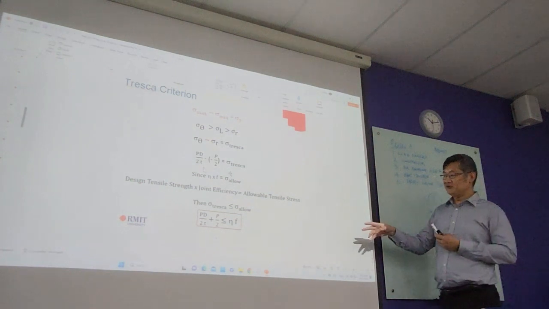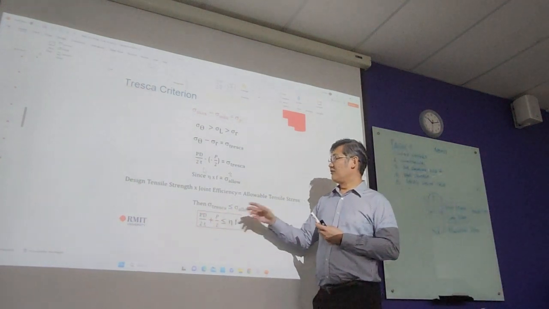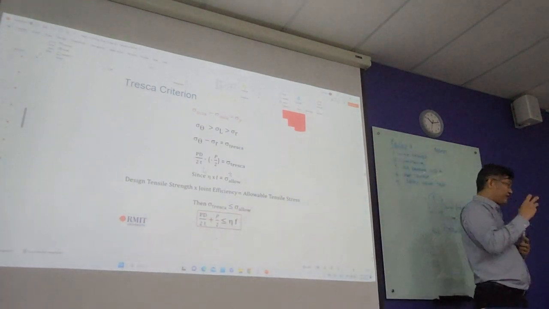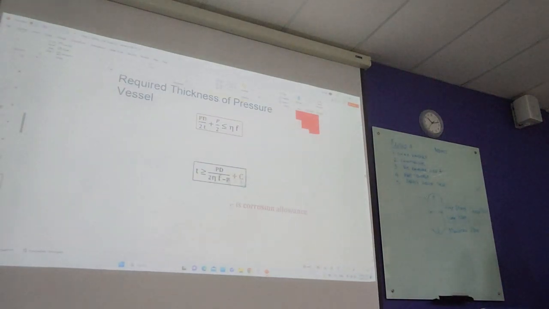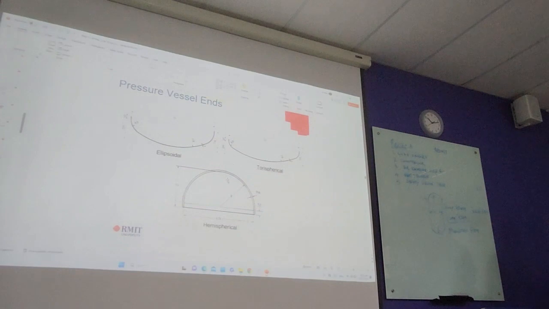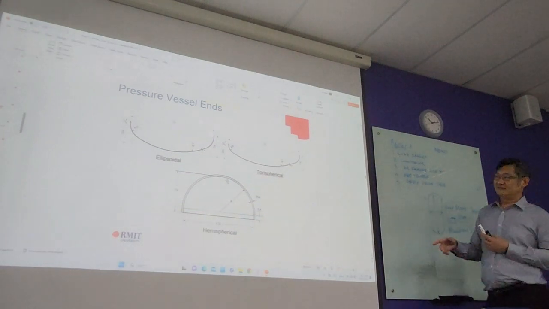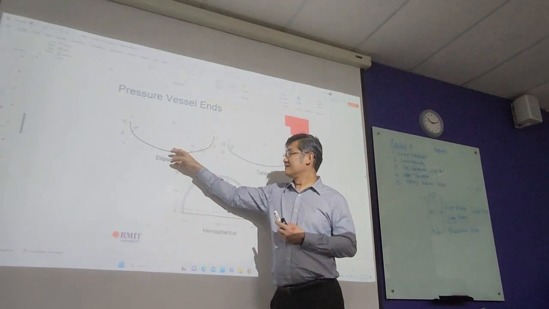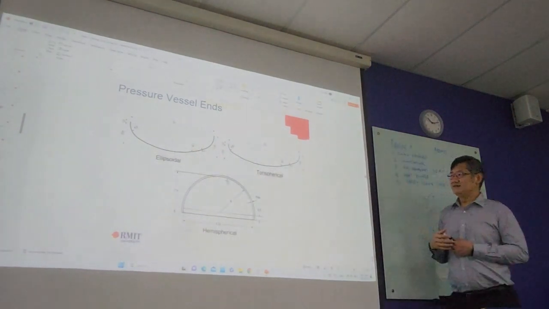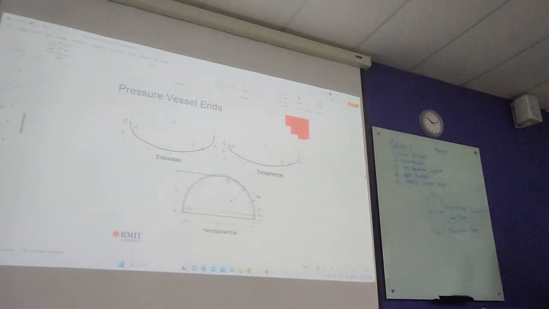We are going to use this formula to find out our material thickness. You can see over here the material. So this is our ellipsoidal head. You can see the diameter actually changes because of this.